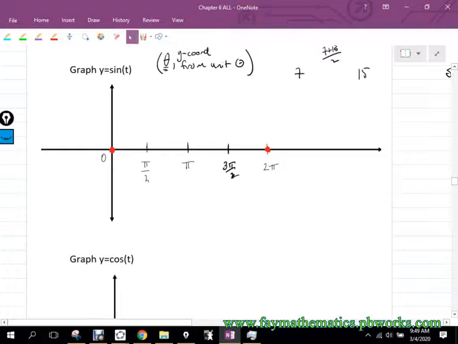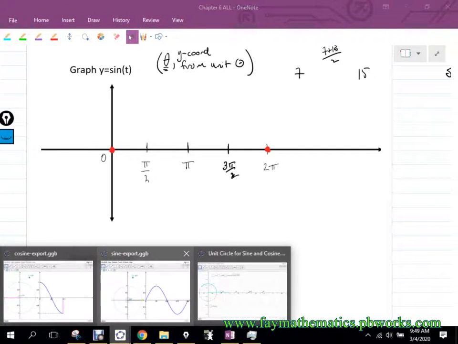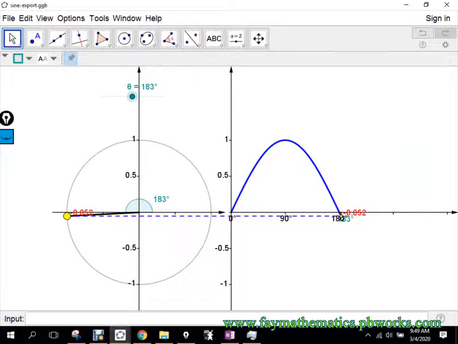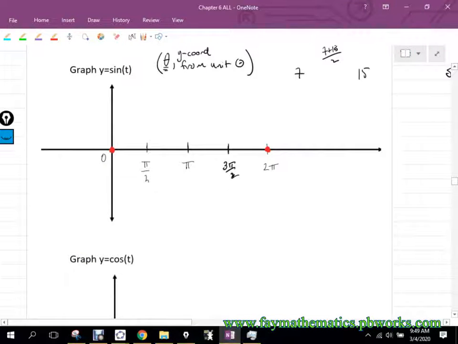Okay. Halfway in between, at pi, would be right there. What's the y value of that yellow point at pi? 0. So at pi, we're at a y value of 0 again.